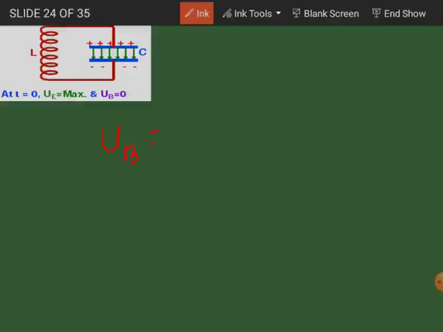So the potential energy stored in the inductor will be denoted by UB, and this will be equal to half L I square, where L is the inductance of this inductor, and I is the instantaneous current that is flowing through the inductor.